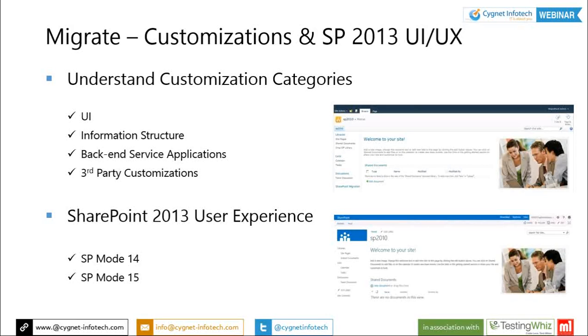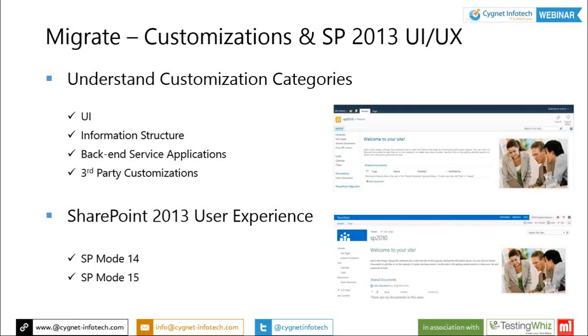In terms of backend service applications, sometimes we cannot see some customizations; they are not visually available. I would say your HTTP handlers and your HTTP modules, meaning the customizations which you may have made with IIS itself. It is important that you configure those changes while migrating your SharePoint 2010 to SharePoint 2013.